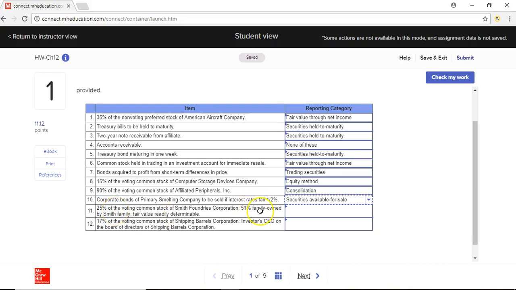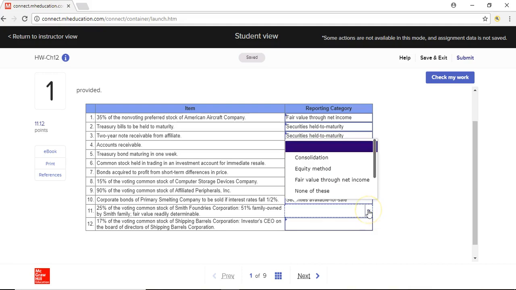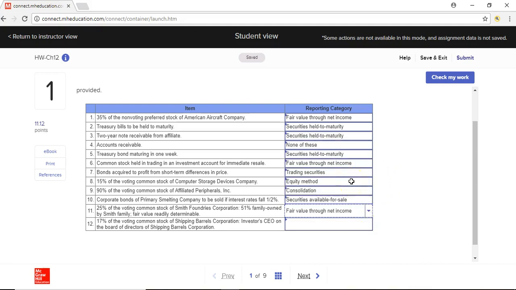So that family has the control. Even though we have 25% of the voting rights, we cannot influence the investee company's operations. So we record it at fair value through net income.